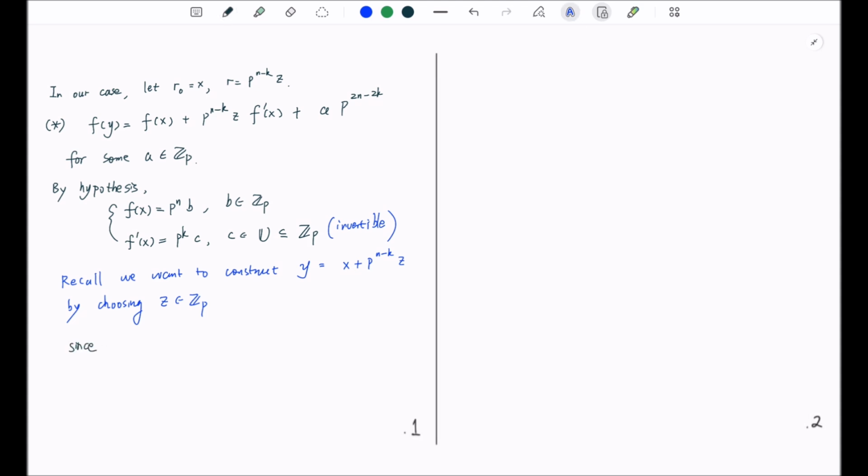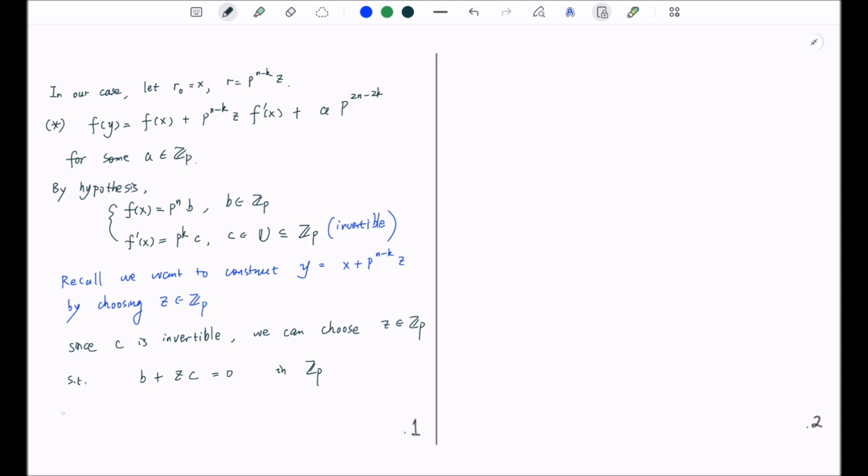And this is possible because c is invertible. So we can choose z such that b plus z times c is equal to 0 in Zp.